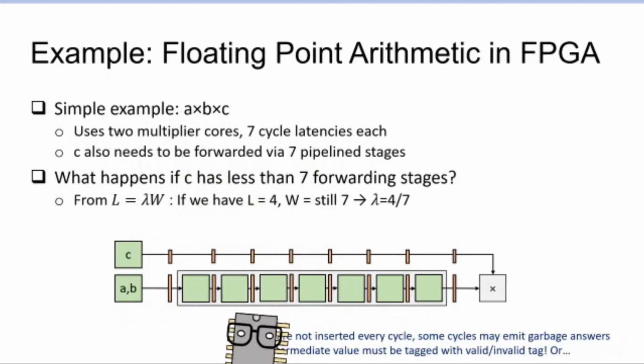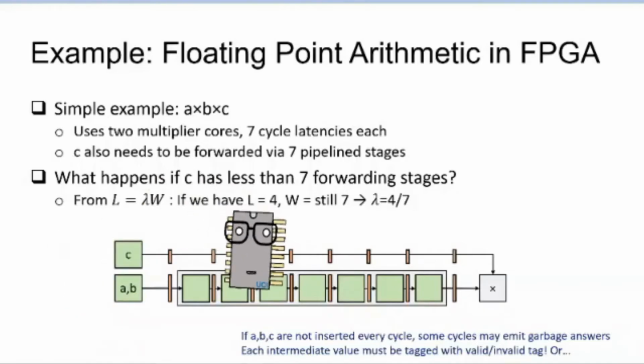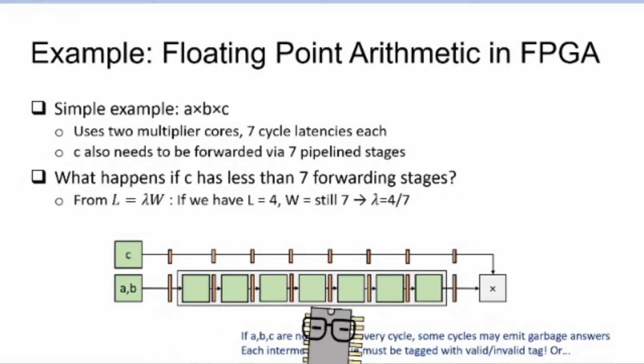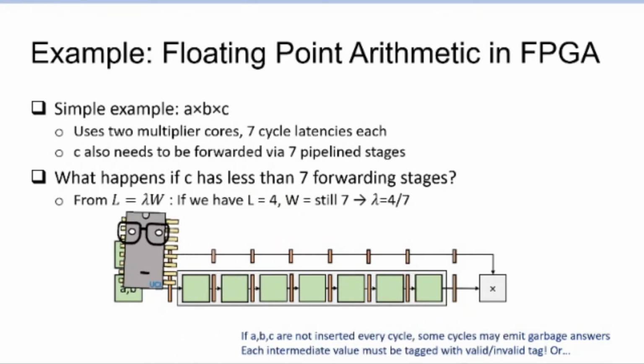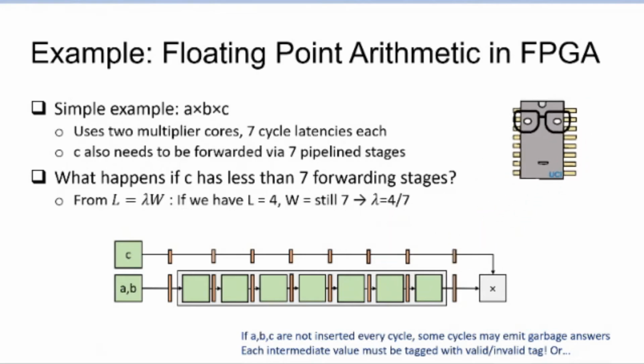And even though the lower pipeline can take up to 7 requests, it will only be filled with 4. So only 4 sets of inputs can be processing at any given time. So L equals 4, but the latency is still 7 because it takes 7 cycles for the output to come out. So the throughput becomes 4 divided by 7, which is 4/7. It's not 1 anymore. It is lower than 1. So that's where the Little's law analysis comes in.